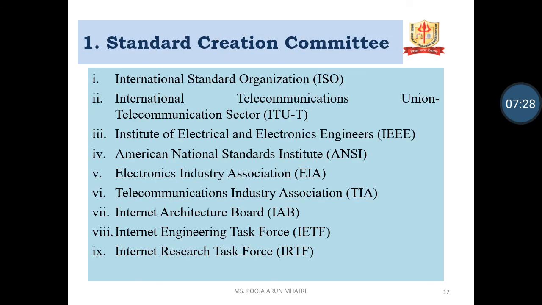Standard creation committees are International Standard Organization ISO, International Telecommunication Union Telecommunication Sector ITU-T, Institute of Electrical and Electronics Engineering IEEE, American National Standard Institute ANSI, Electronics Industry Association EIA, Telecommunication Industry Association TIA, Internet Architecture Board IAB, Internet Engineering Task Force IETF, Internet Research Task Force IRTF.